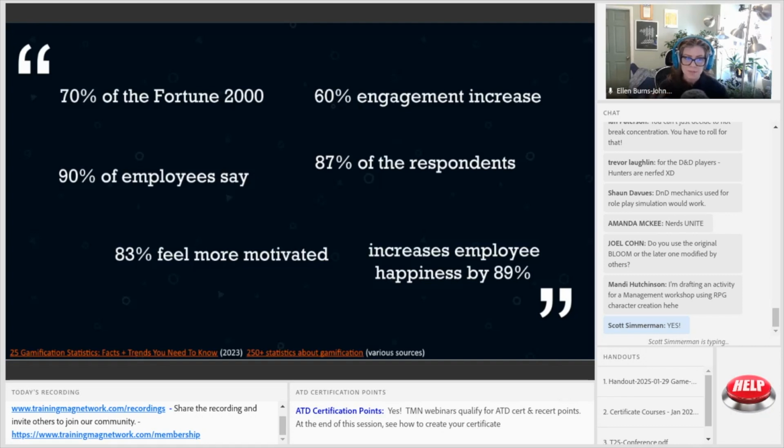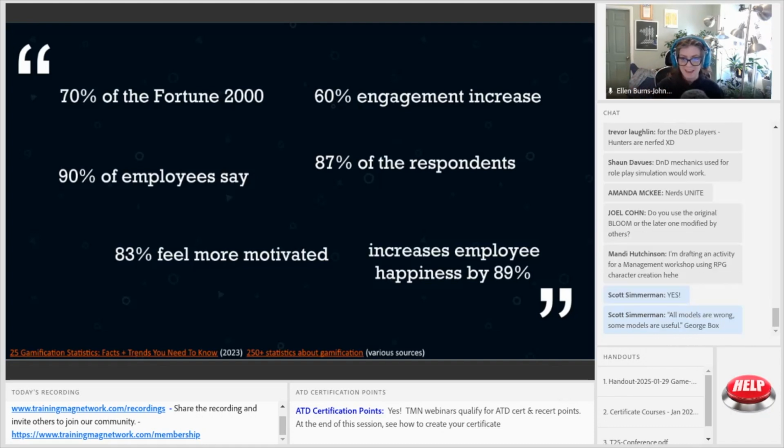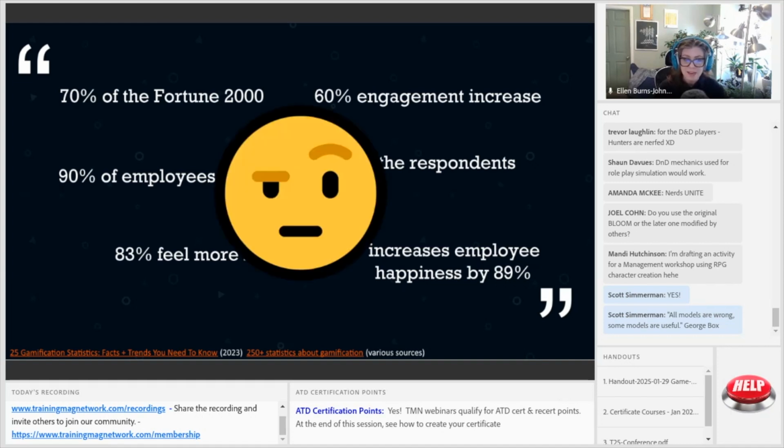Okay, so when it comes to game-based learning and gamification, two separate terms, it gets really confusing with the information out there, right? If you're trying to get information about how game-based learning or gamification might provide value to your organization, it is really hard to get good information. There's a lot of hype pieces out there.